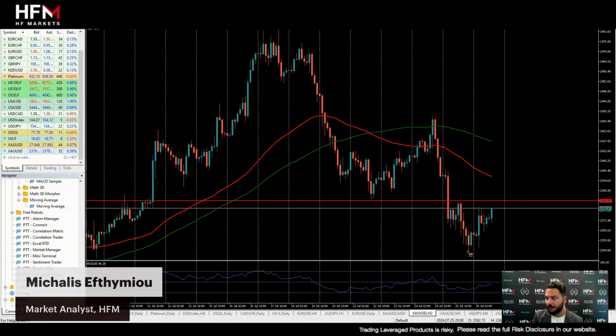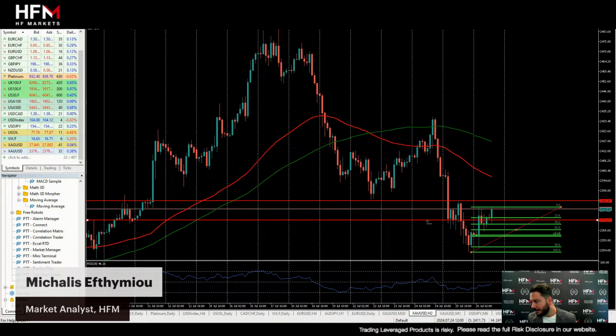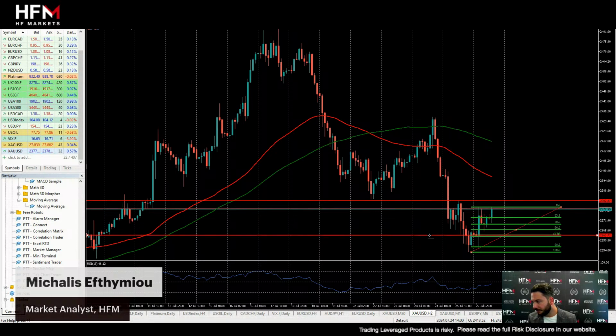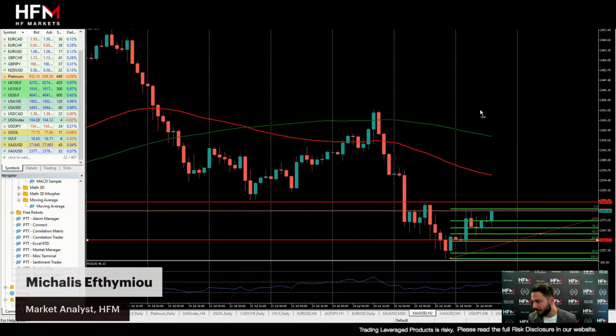Now, there's two scenarios because we've got upward price movement. It may lose momentum straight away, okay? If we lose momentum straight away, it's going to lose momentum here. Now, if we look at the Fibonacci, actually, let's zoom in so everybody can see it clearer. If we look at the Fibonacci levels, the 61.8 is here, at this red line.